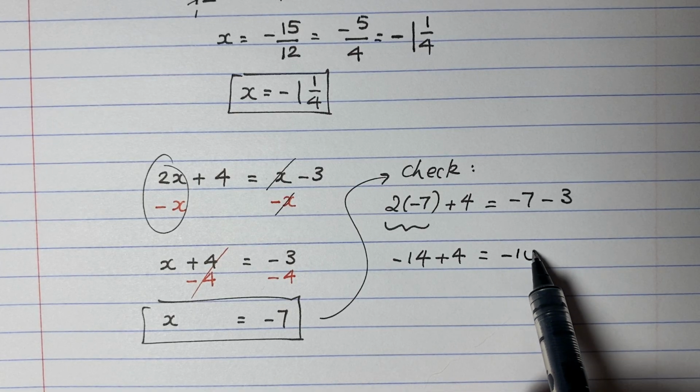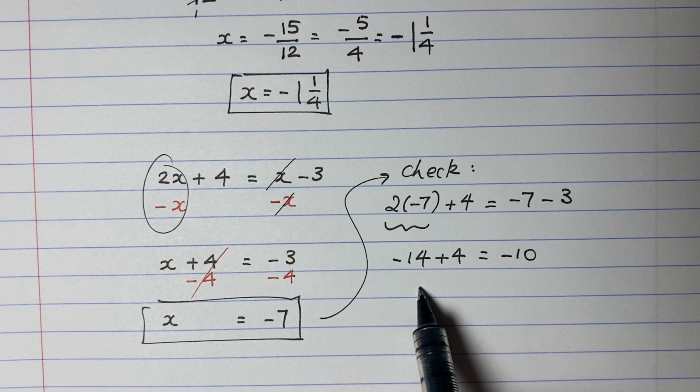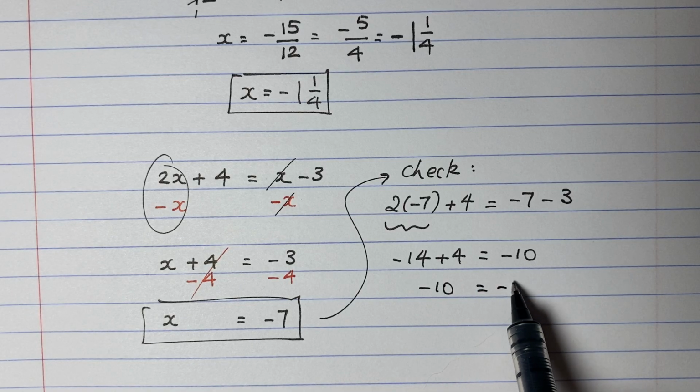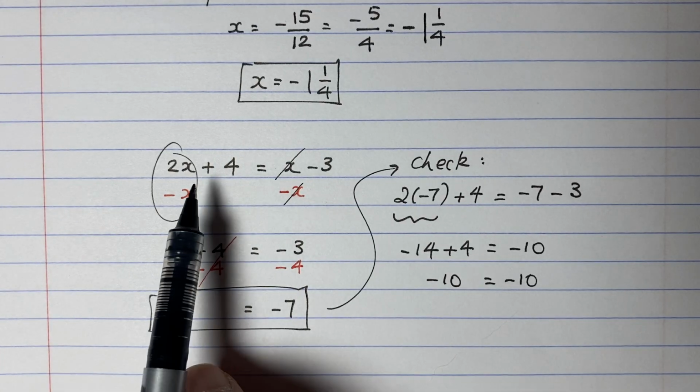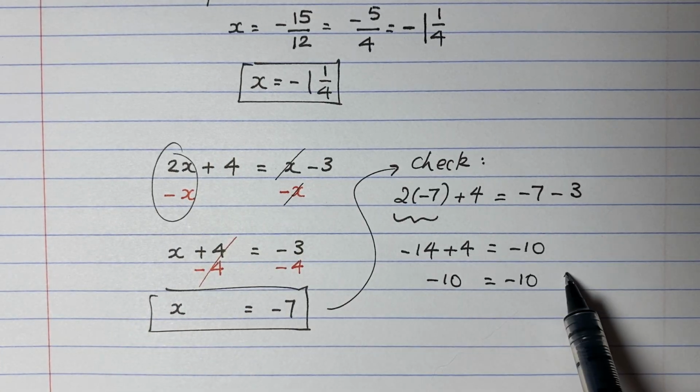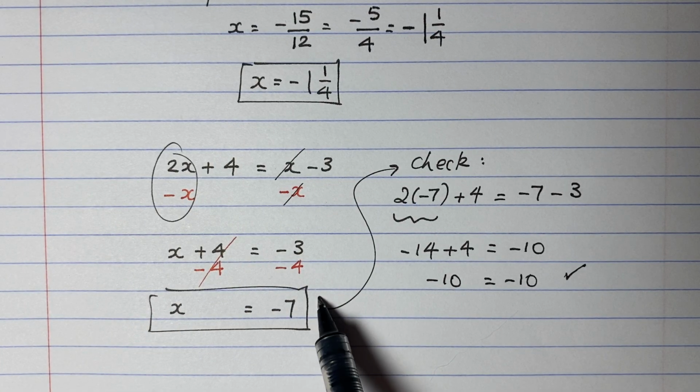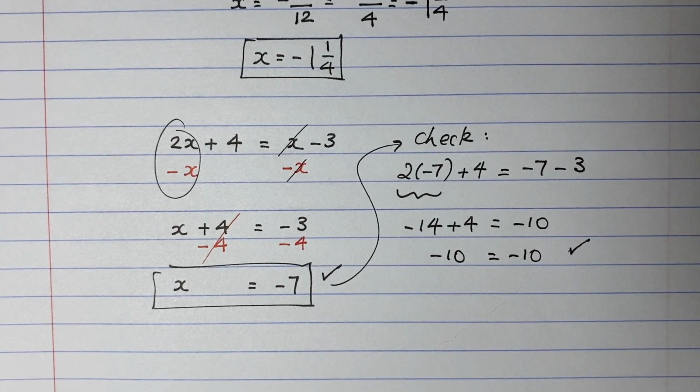Minus 14 add 4 is minus 10, equals minus 10. So that means that value of x satisfied both sides of the equation, gave us the same answer. That means my answer was correct.